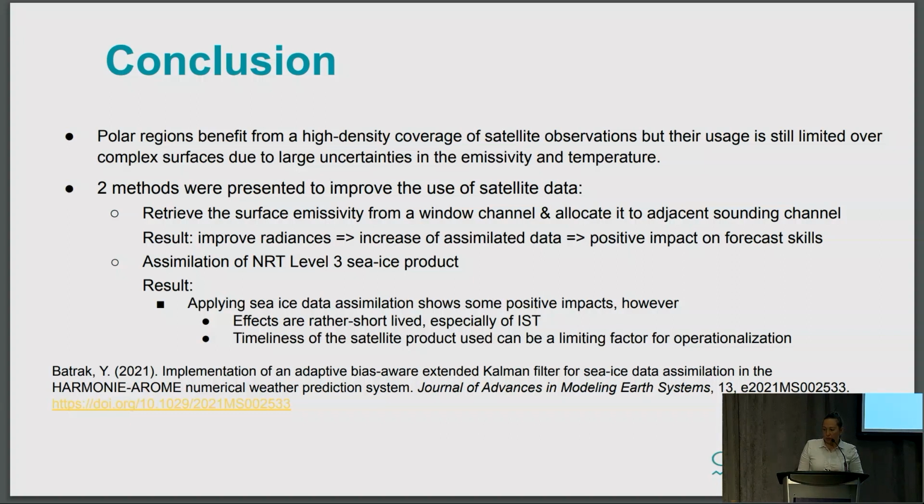And I was also talking about the assimilation of this near real-time level 3 satellite product of sea ice. And it was noted that we got a positive impact overall. It was also noted that the effect was rather short, it was not propagated very well in the forecast.